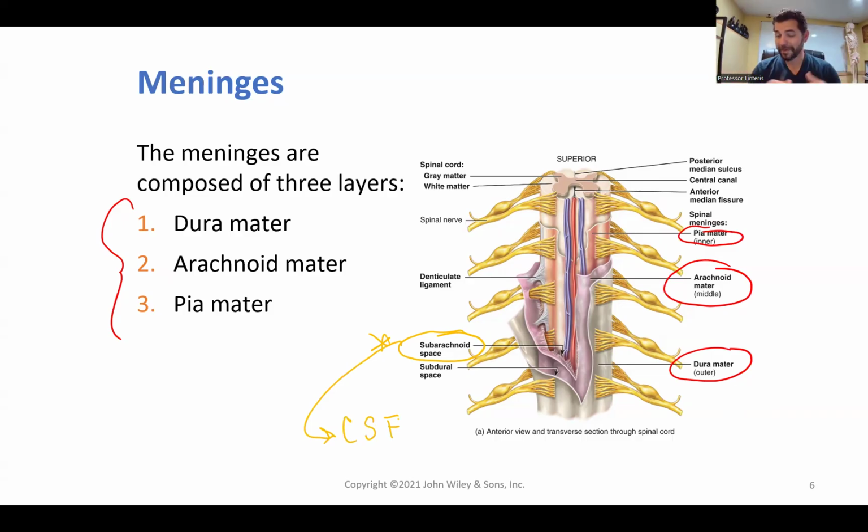It is very important, and we'll talk about its production and circulation most likely in the next lecture. But in general, these are the meninges from outside to inside. You should be familiar with that, as well as the presence of the subarachnoid space. There are other spaces, like the epidural space I mentioned and the subdural space, but the subarachnoid is definitely one that we're going to be talking about.